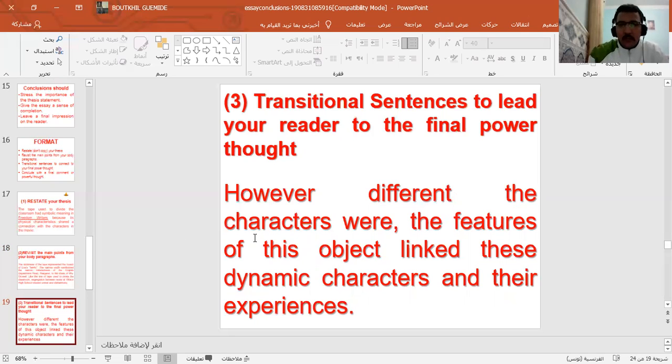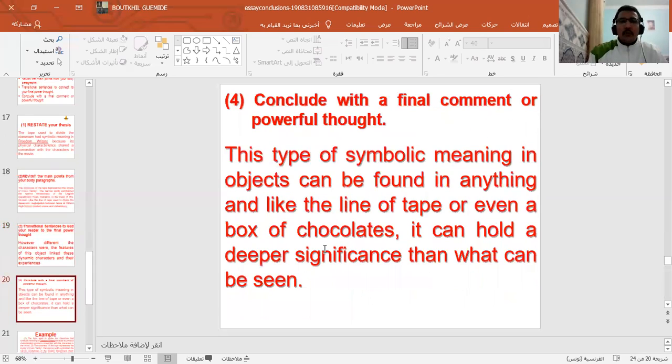Transitional sentence: however different the characters were, the features of this object linked these dynamic characters and experiences. And then our last word, we conclude our conclusion with the last sentence that represents our powerful thought. This type of symbolic meaning in objects can be found in anything, like the line of tape or even a box of chocolates, it can hold a deeper significance than what can be seen.